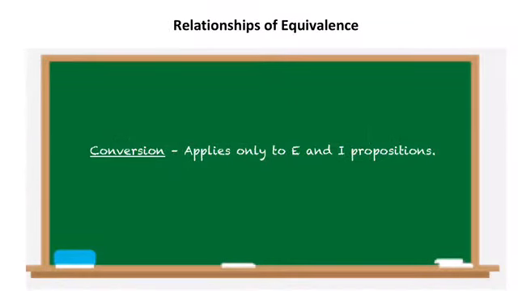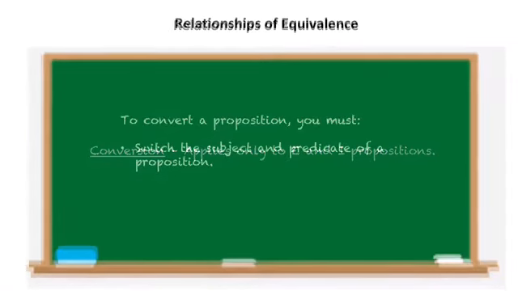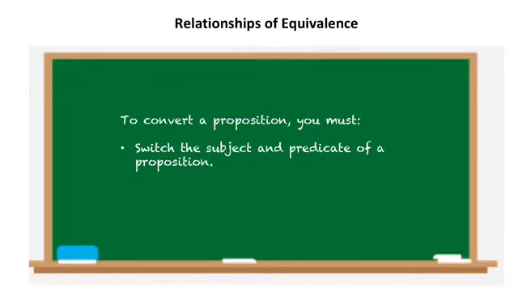Now, the first relationship that we're looking at in this video is conversion. And conversion applies only to the E and I propositions. And this one is actually pretty simple. To convert a proposition, you must switch the subject and predicate of a proposition. Just switch them. Just take the one and make it the other.